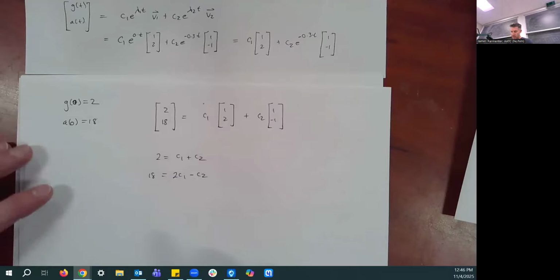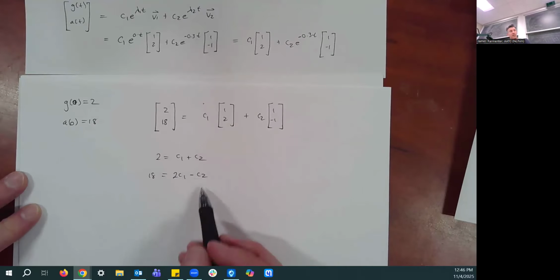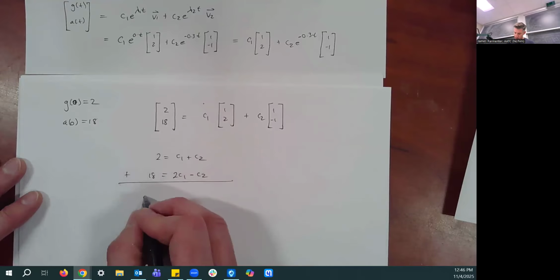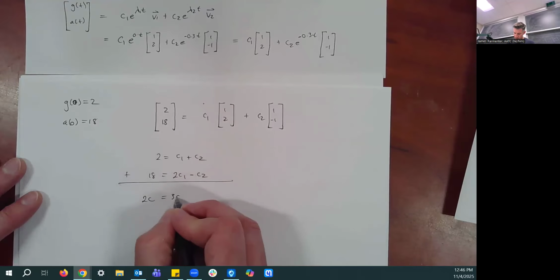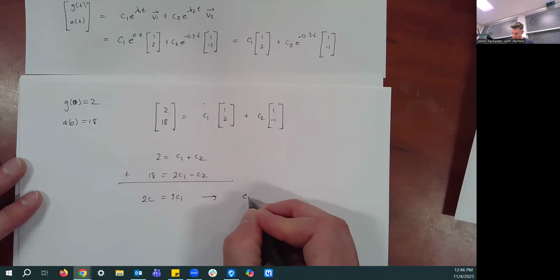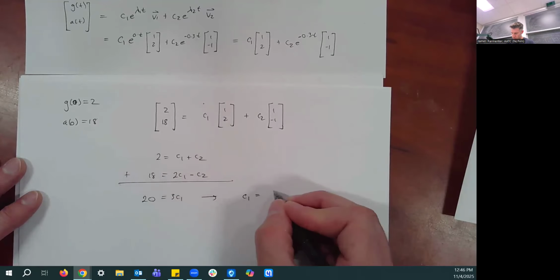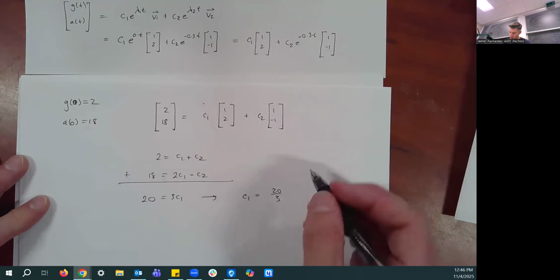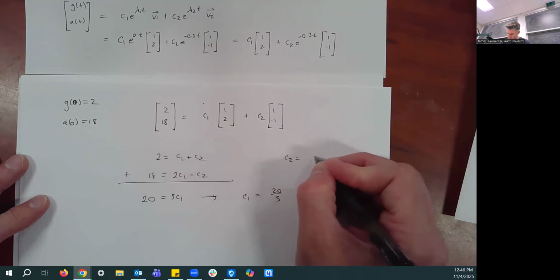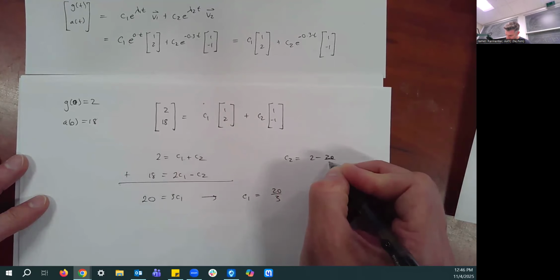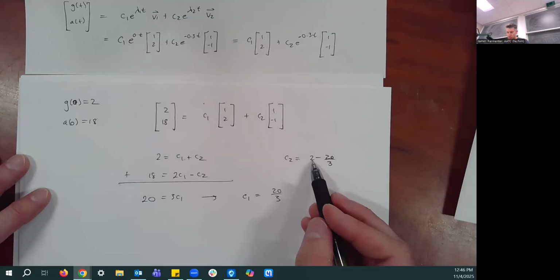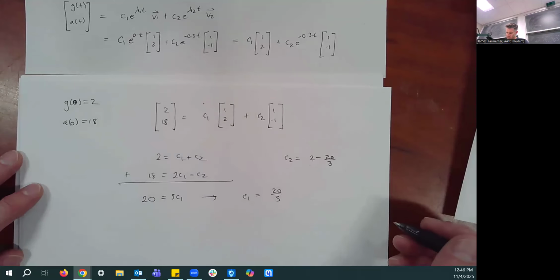And if we add those equations together, I'm choosing that because I can see that the C2s will cancel right away. If we add these together, we're going to get 20 equal to 3 times C1. So C1 should equal 20 thirds. And then going back and solving for C2, C2 is going to equal 2 minus 20 thirds. Multiply this by 3 over 3.